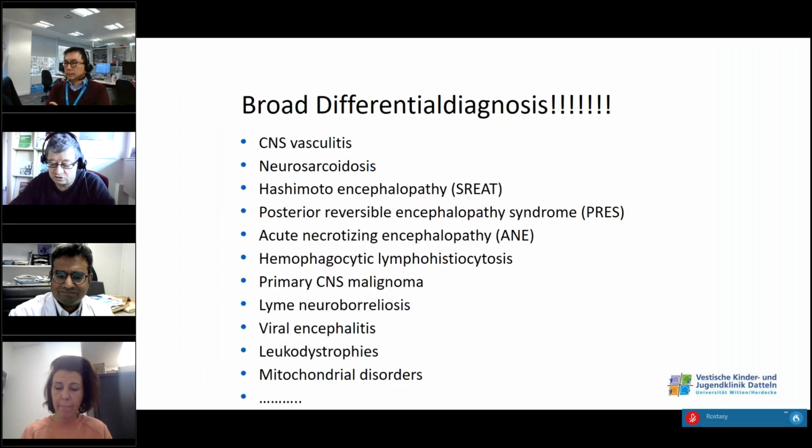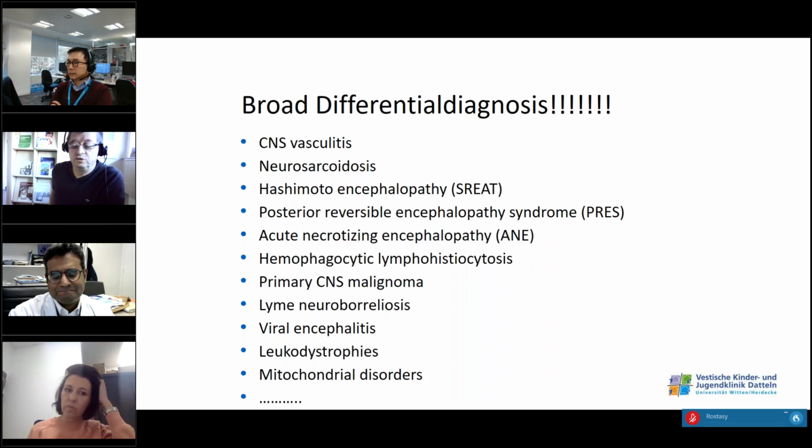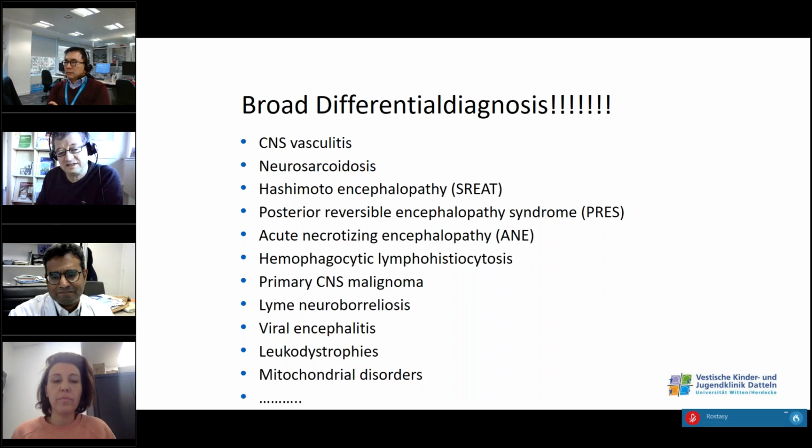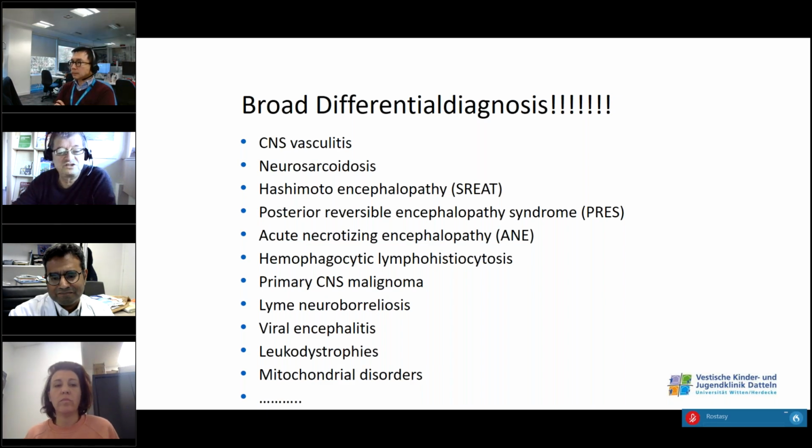Before talking about the specific autoimmune encephalitis, I would like to point out that the differential diagnosis should always be kept in mind, even if you think it is an antibody-mediated disease.